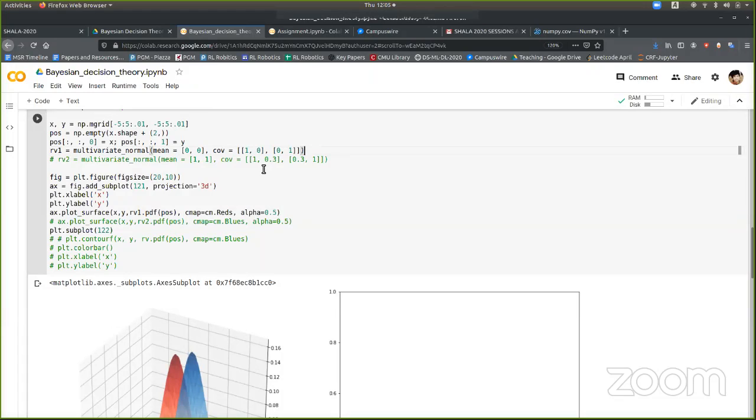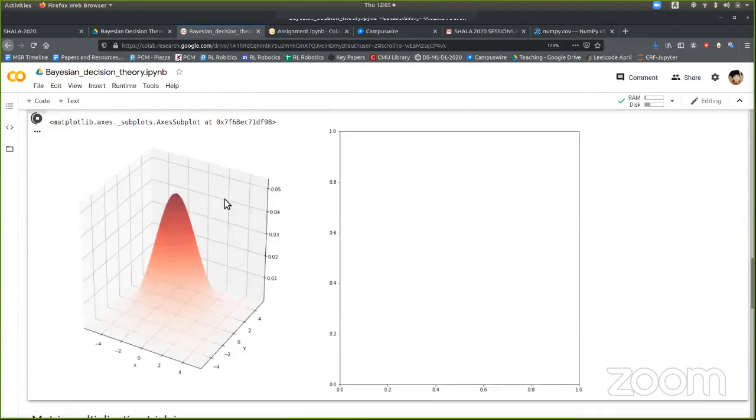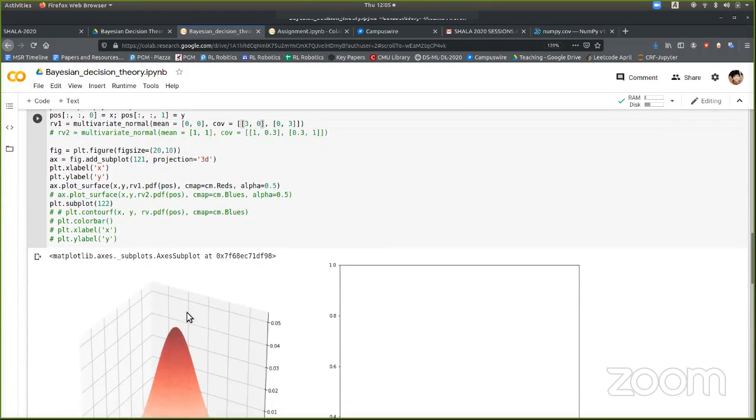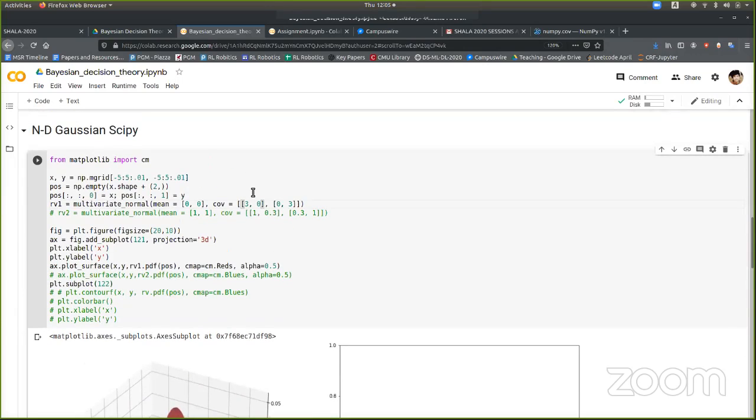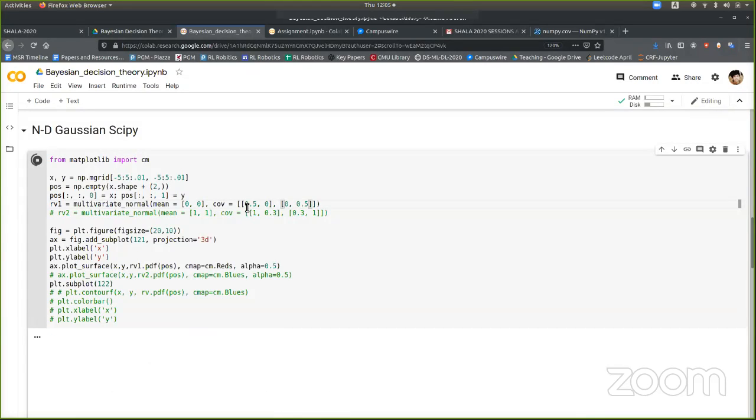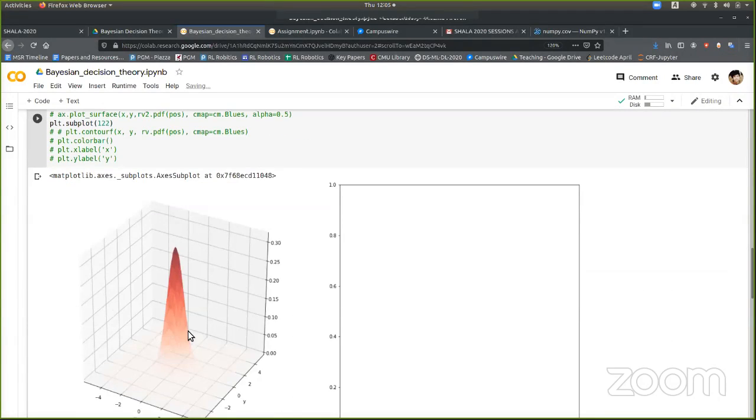Since these diagonal elements say how much is the covariance in the 1D case, the same concept extends. If you increase these covariance terms, you will see that the Gaussians start to spread out. When I put 3, it is more spread out, but if I put in a smaller number, then it will not be spread out. The data will be concentrated.